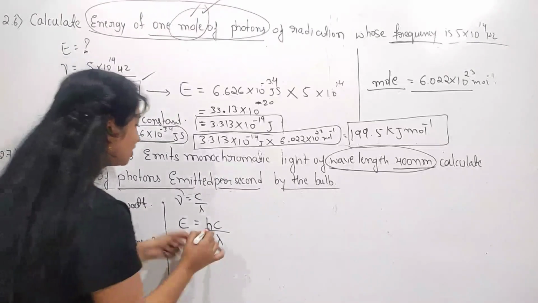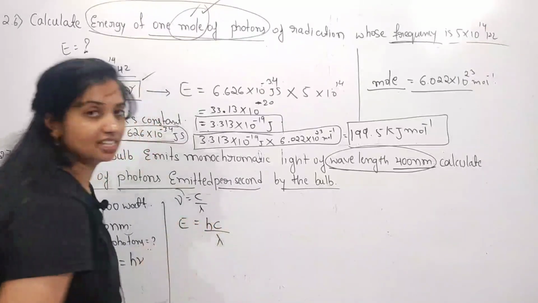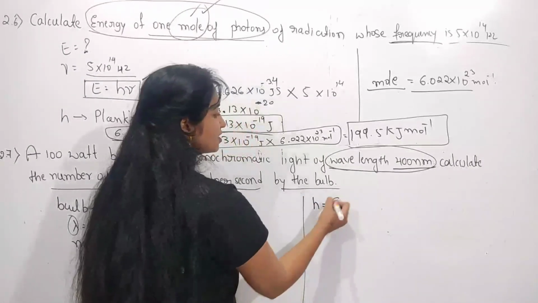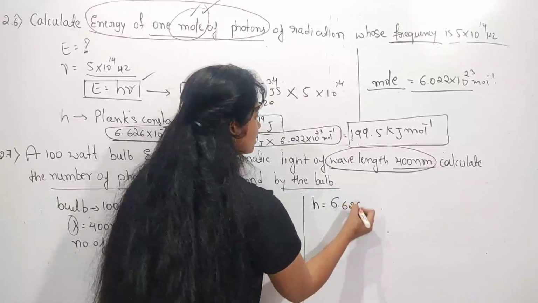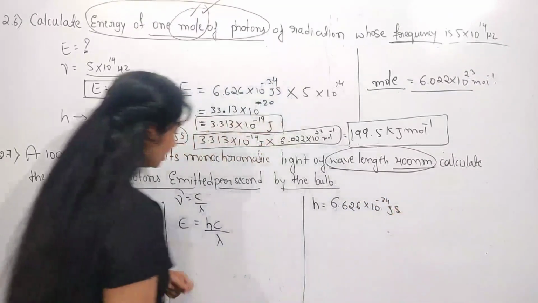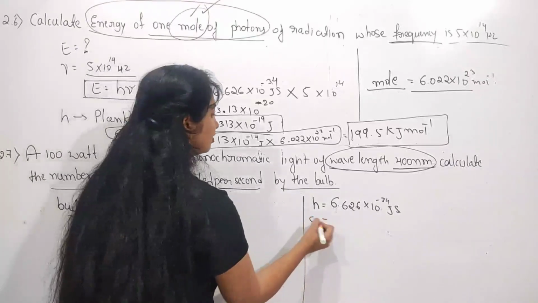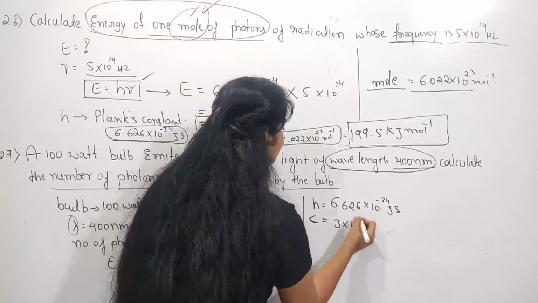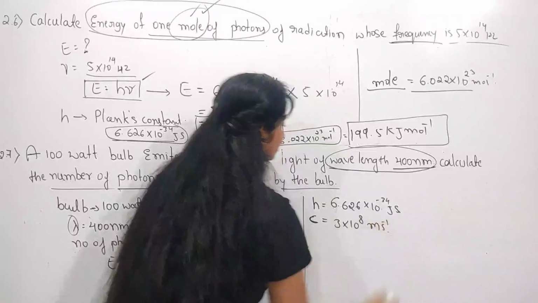And already you know the value of h and C. So what is h here? H is Planck's constant, 6.626 into 10 raised to minus 34 joule second. And what is C here? C is the speed of light in vacuum, 3 into 10 raised to 8 meter per second.